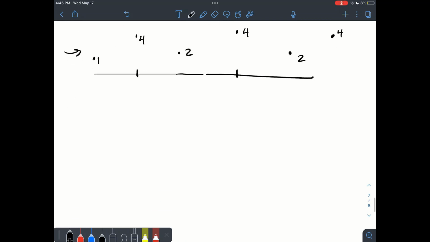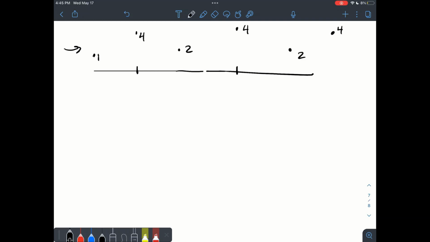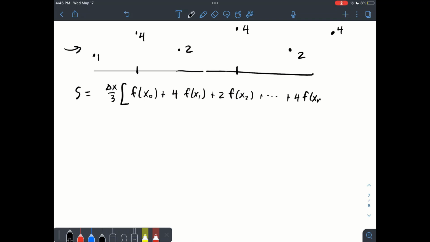And so then what we get is our classic Simpson's rule, where we get S is equal to delta x over 3 times f of x naught plus 4 times f of x1 plus 2 f of x2 plus dot dot dot plus 4 f of x n minus 1 plus f of x n.